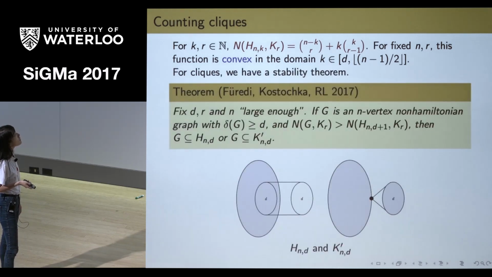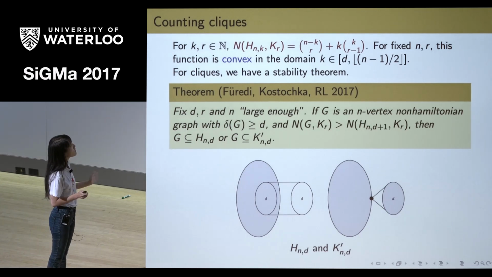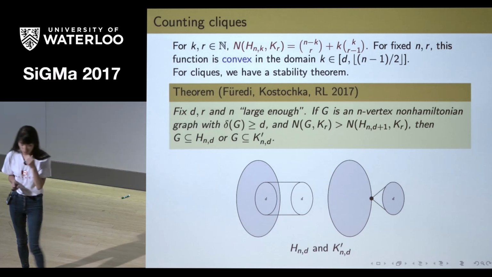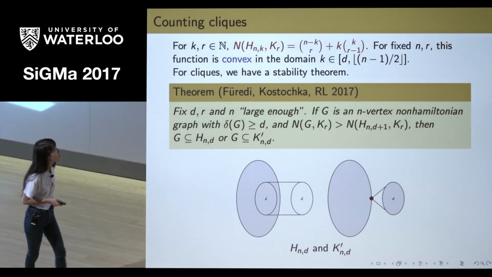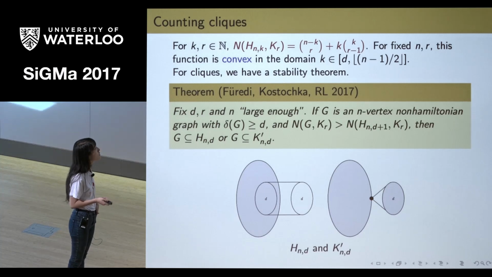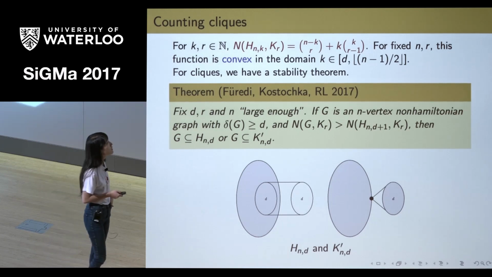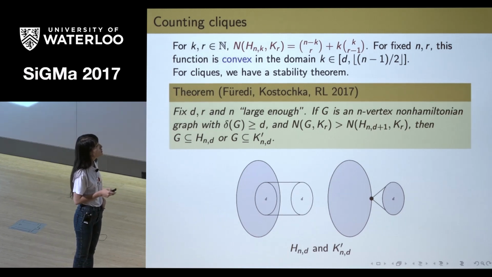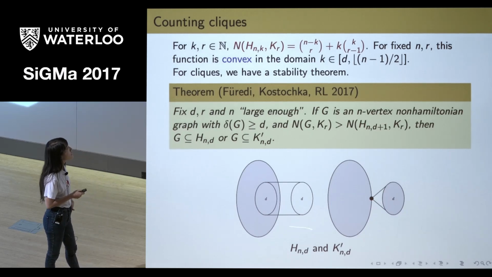Okay, so for cliques, not only do we have this counting theorem, we also have a stability theorem. So we're going to fix d, we're going to fix r, the size of our cliques, and choose n to be large enough. Then if G is an n-vertex non-Hamiltonian graph with minimum degree at least D, and the number of r-cliques in G is greater than the number of r-cliques in H(n,D+1), then what can happen?